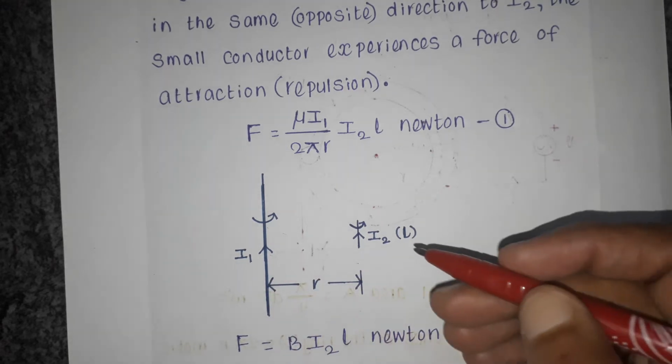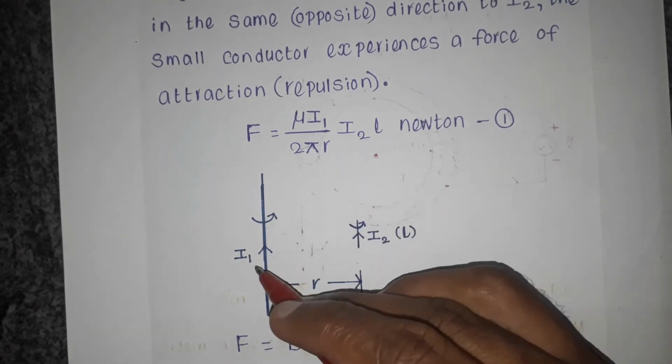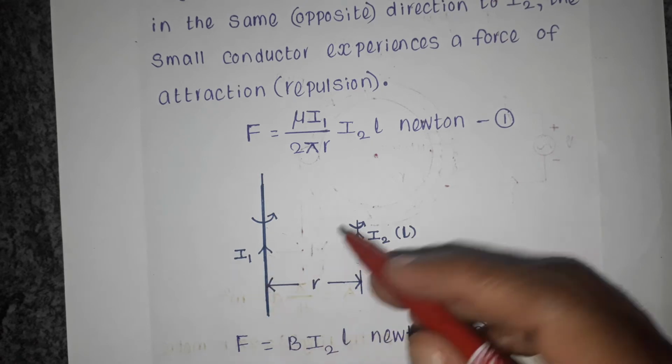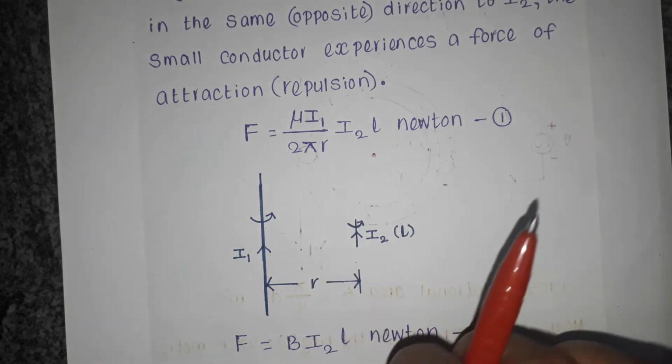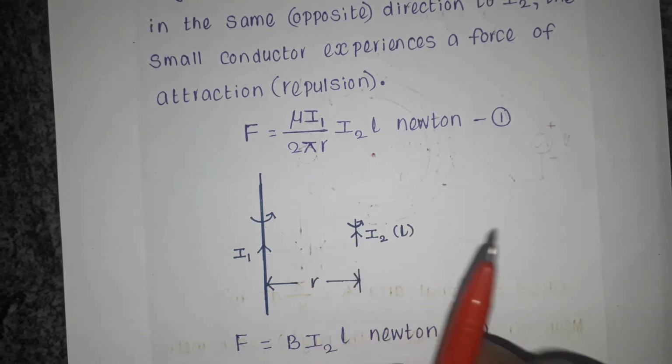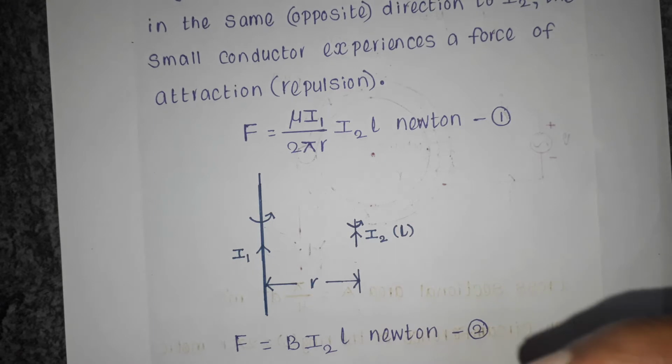When the current is in the opposite direction to I1, the flux to the left of this conductor is into the board, and towards the right of the conductor it comes out of the board.